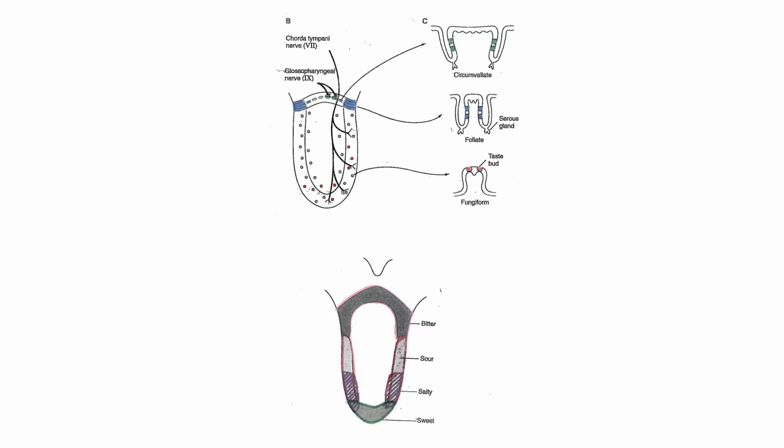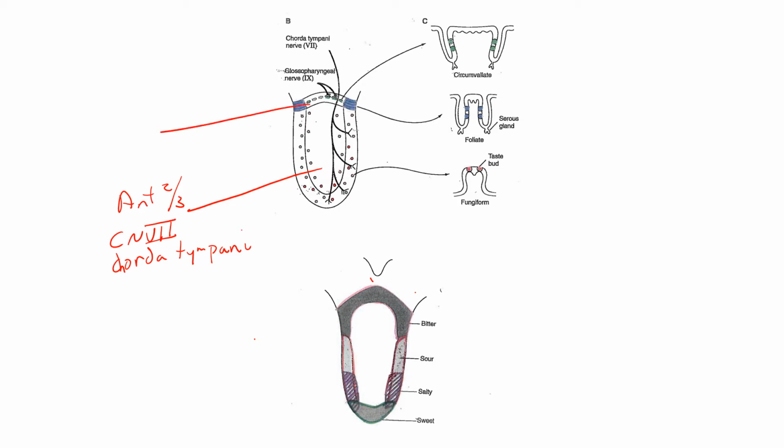When we look at the tongue, we are going to see that, first of all, the anterior 2/3 of the tongue is going to have taste innervation through cranial nerve 7, specifically the chorda tympani part of cranial nerve 7.